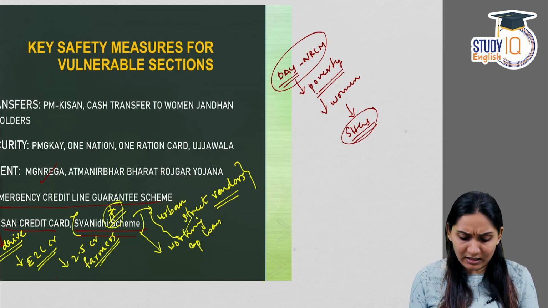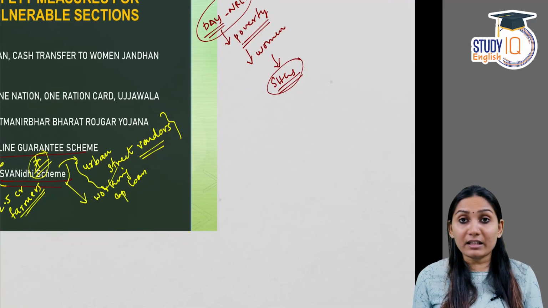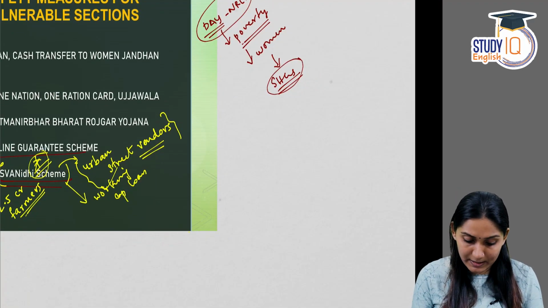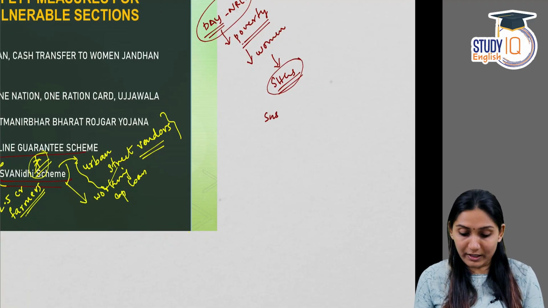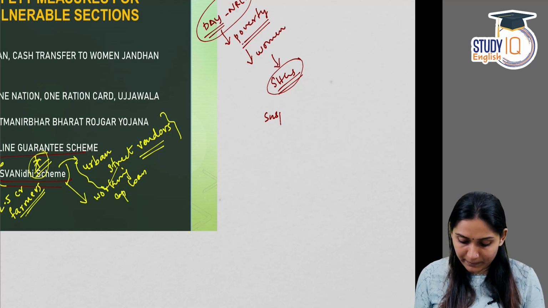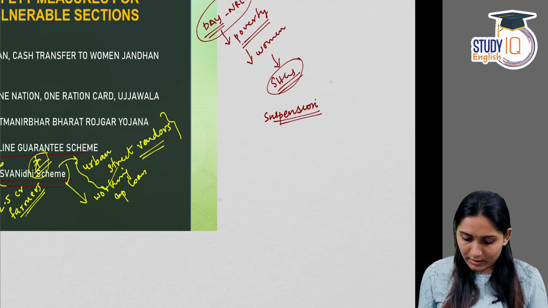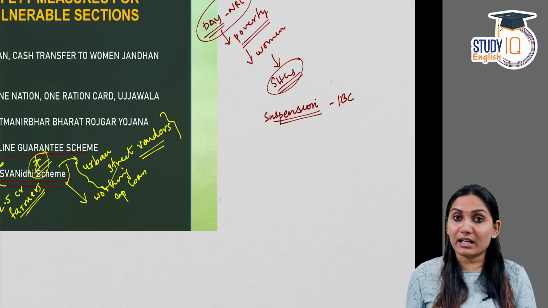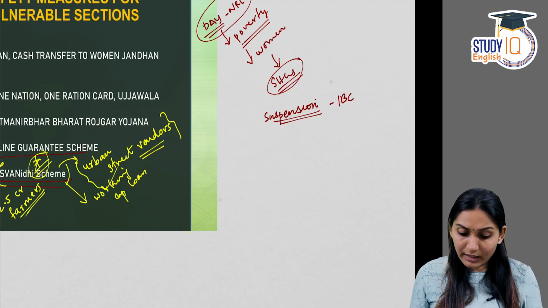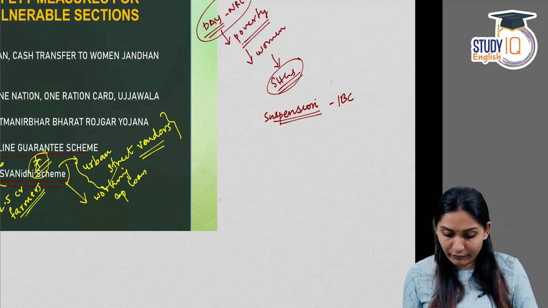And apart from that, we know that major other policy initiatives were taken, like suspension of initiation of corporate insolvency process under the IBC, the Insolvency and Bankruptcy Code, for 1 year.